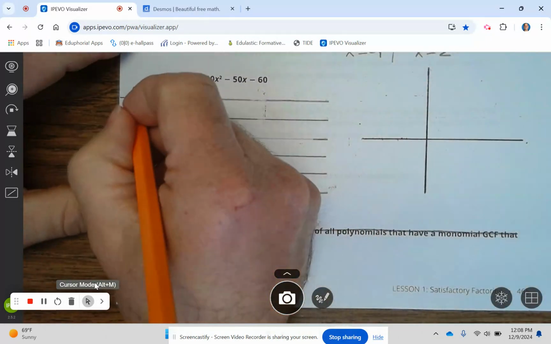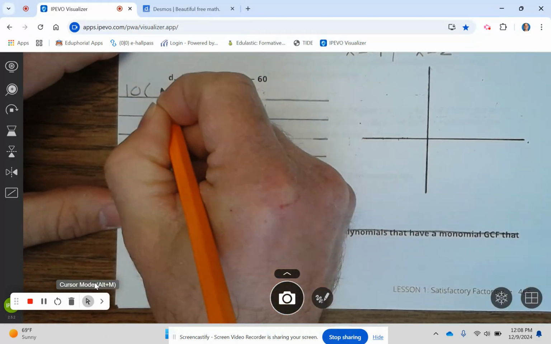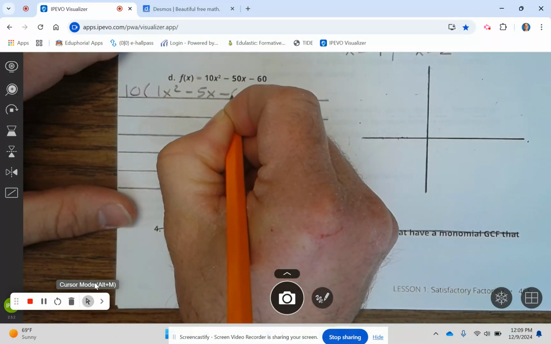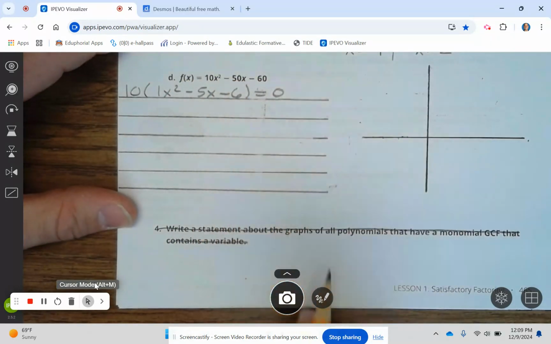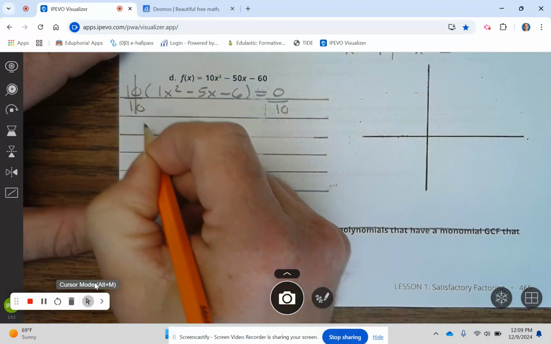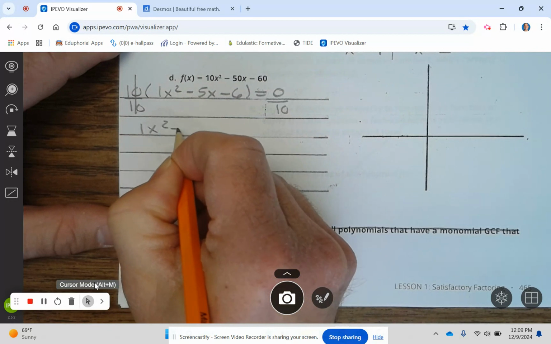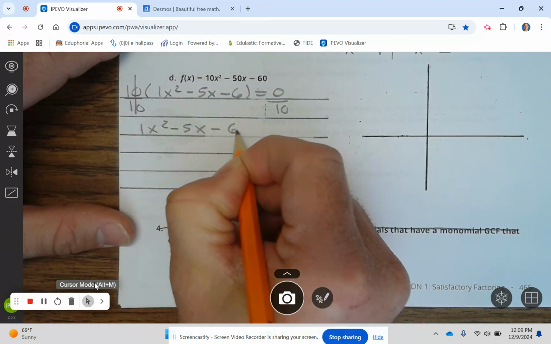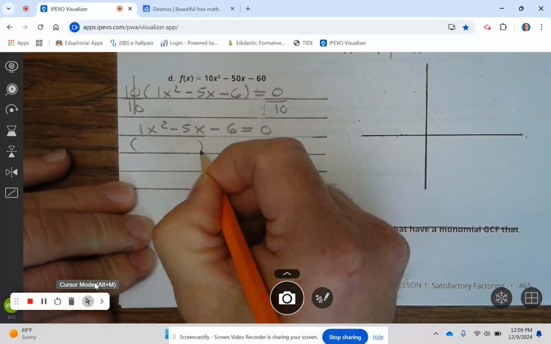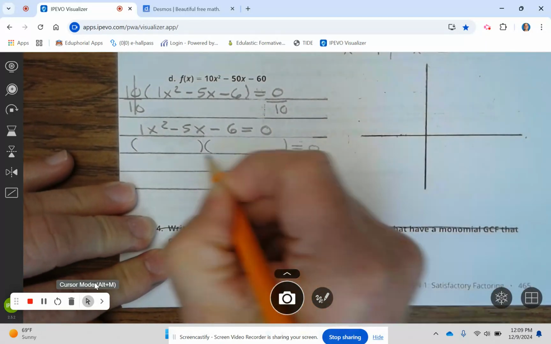So we can factor out a greatest common factor of 10, which leaves 1x squared minus 5x minus 6. We're going to set that equal to 0. We're going to divide both sides by 10. That becomes 1. We're left with 1x squared minus 5x minus 6 equal to 0. 2 parentheses equal to 0.